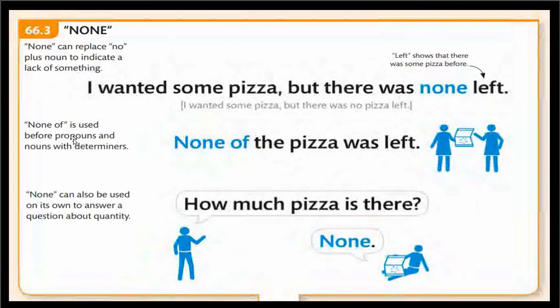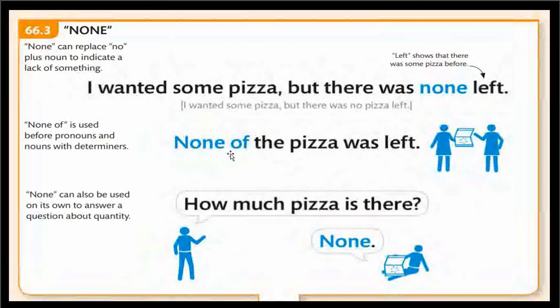I wanted some pizza, but there was none left. This is the actual meaning of this sentence. Now, none of. Previously, we have used only the word none. Now, none of is used before pronouns and nouns with determiners. Determiners, specifically articles, for example, the, is used especially over here. If you want to understand determiners, kindly see the previous lesson. So none of, and then it is followed by a determiner and then the noun.